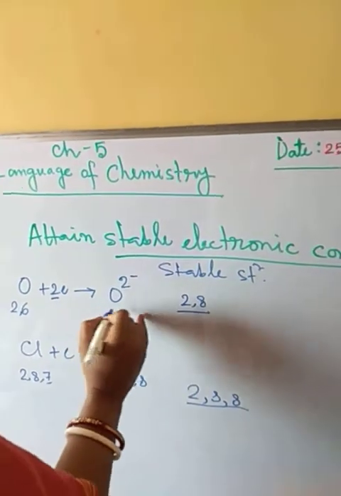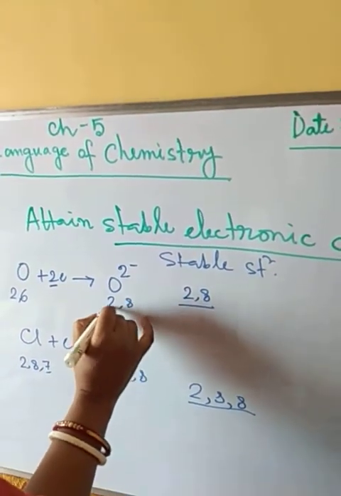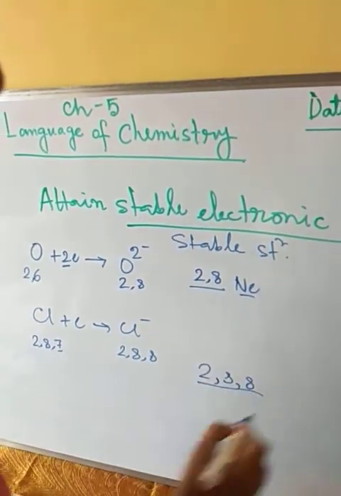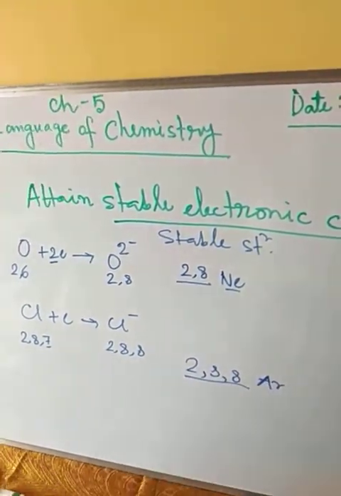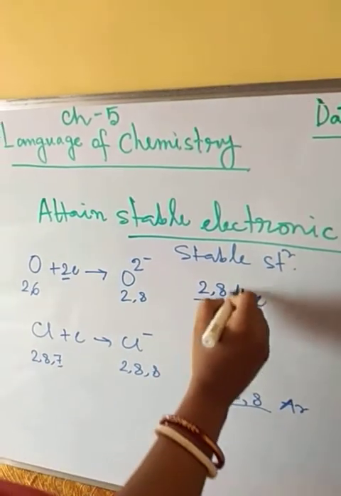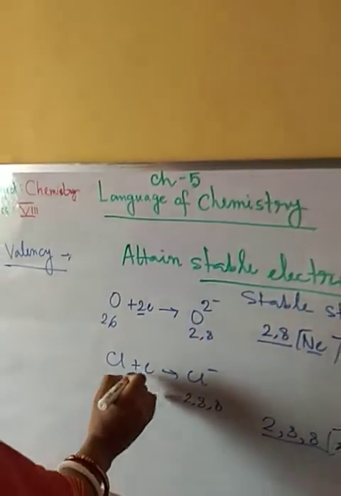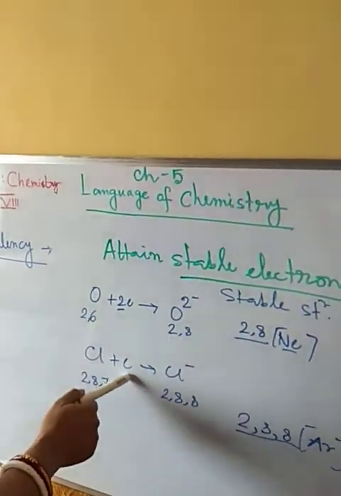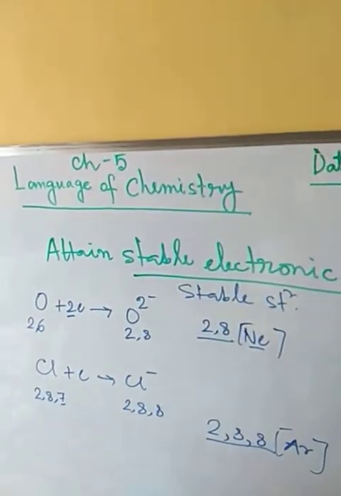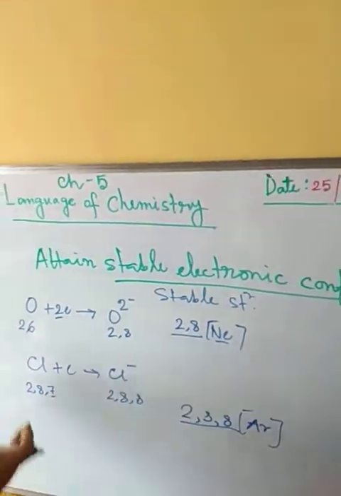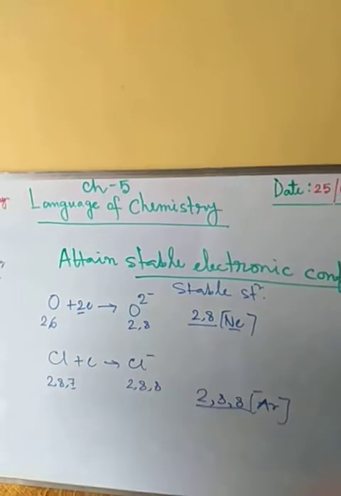And here oxygen's 2, 8 matches the stable structure of neon. As chlorine is capturing 1 electron only, its valency will be 1. In this manner, for other elements also we can calculate the valency.